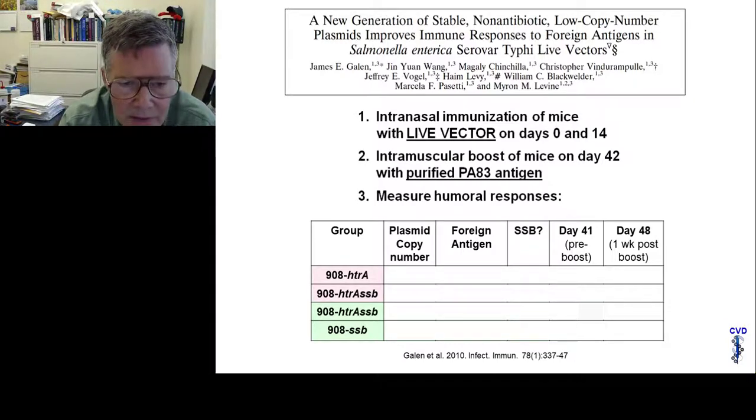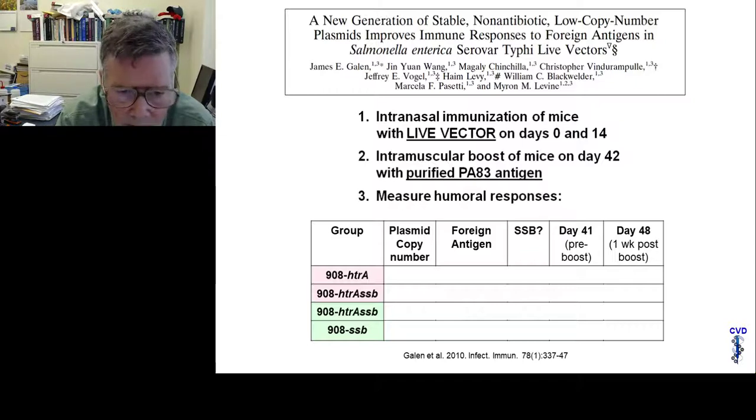So this is a heterologous prime boost strategy. And we measured humoral responses against PA83. Okay? So in this table here, let's just look at CBD 908-HTRA carrying our expression plasmid. Okay, and you notice the expression plasmid has a copy number of about 15. The foreign antigen being expressed is CLY-A-PA83.